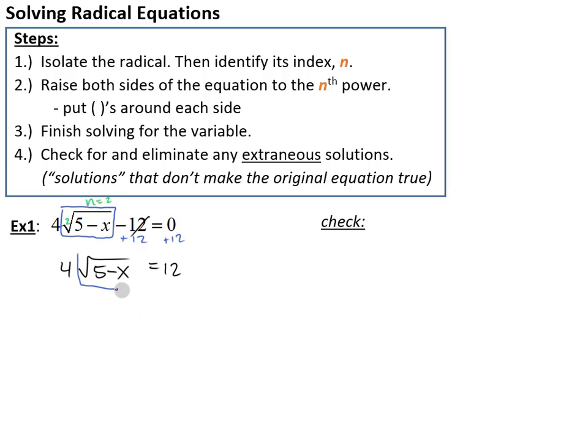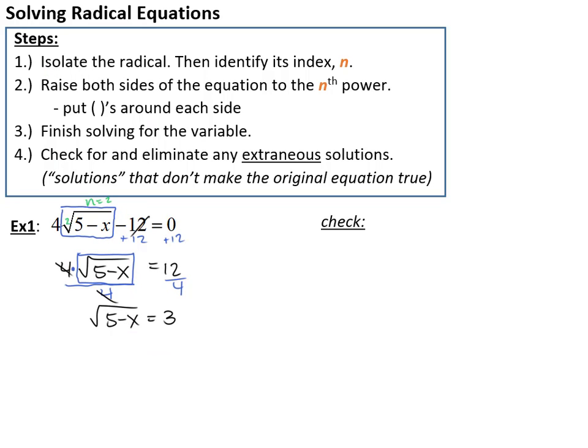That 4 is held to it with multiplication, so to get rid of multiplication, we want to divide both sides by 4. These 4's will cancel each other out. And now we have the square root of 5 minus x equals 12 divided by 4, which is 3. So that was step 1, isolate the radical.